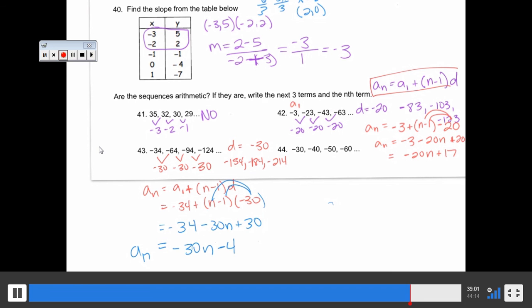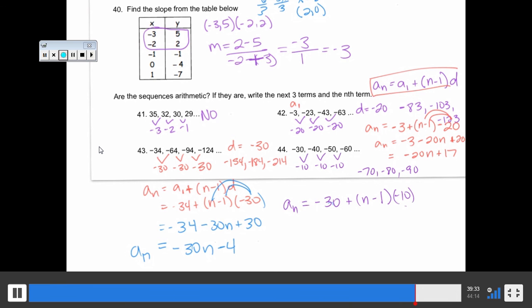So we would end up with a sub n equals negative 30n minus 4. Okay, if we check the last one, so it looks like we are subtracting 10 there, and here, and here. So that would make our next three terms negative 70, negative 80, negative 90. We write our nth term, so we have a sub n equal our first term that's given, so that's negative 30 plus n minus 1 times our common difference, which is 10.